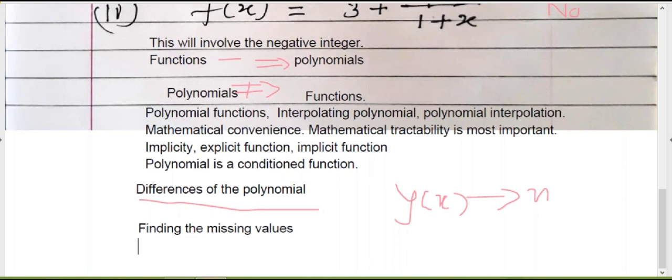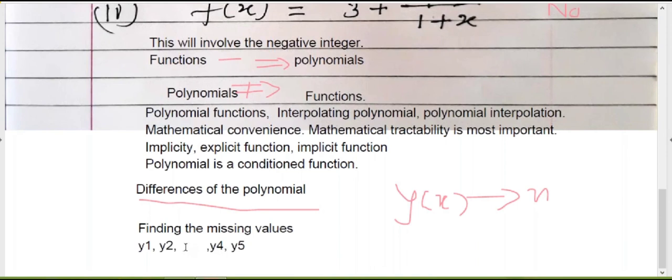Suppose here we are given y1, here we are given y2 corresponding to x2, and thereafter we are given y4, and we are given thereafter y5, but in between y3 is not given.